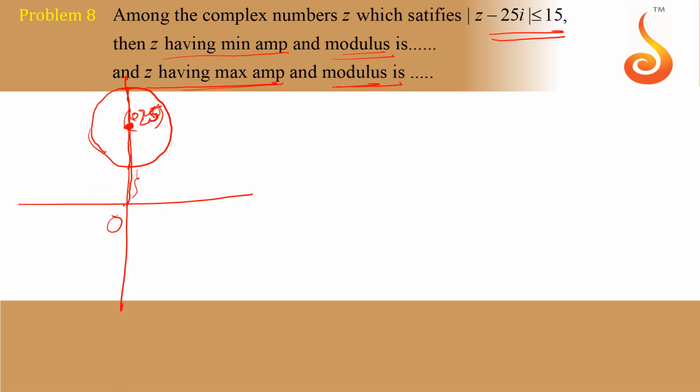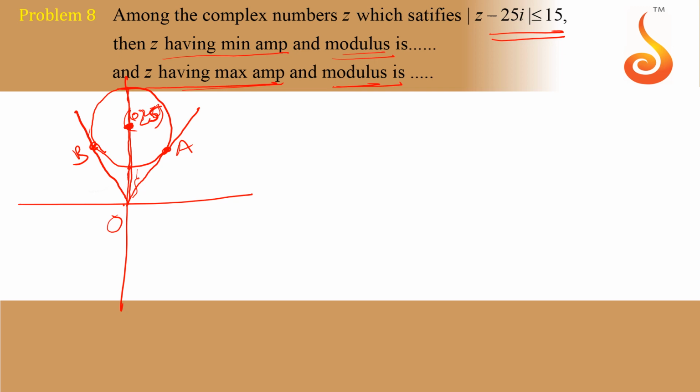Now from the origin, if I draw a tangent, I can say this is the complex number. Suppose I name it A, that is the complex number with minimum amp. As OA rotates in the anticlockwise direction and takes the position of the other side tangent, let this be B, then that will be the complex number with maximum amplitude.